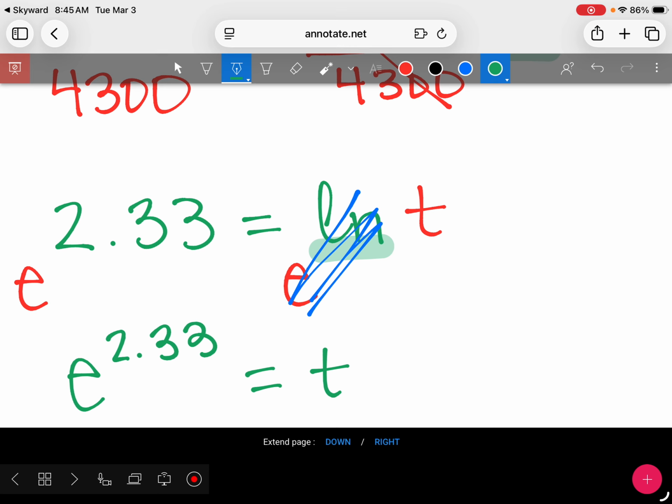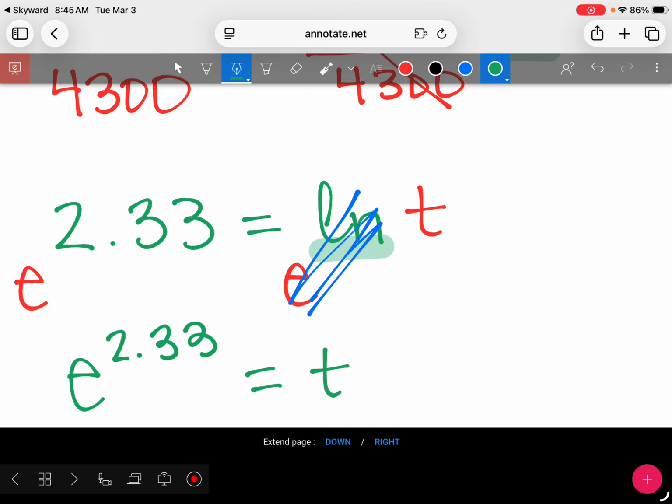No decimals. So is my answer 10 or 11? Is it 10? Who says it's 10? Who says 11? It's 10 because it's 10.2, right? That 2, you only look at the 2. Because it's a 2, we don't round that up.